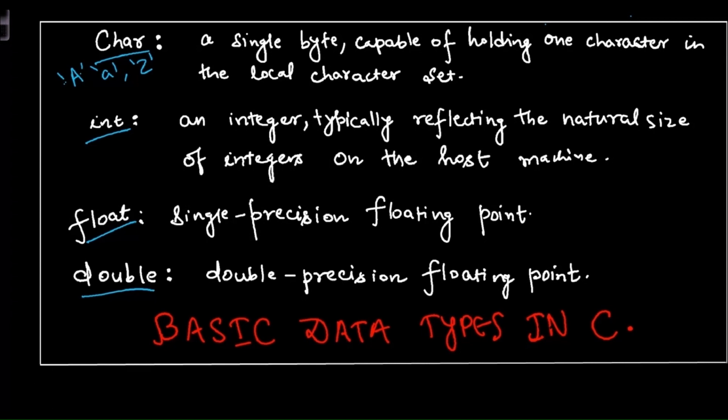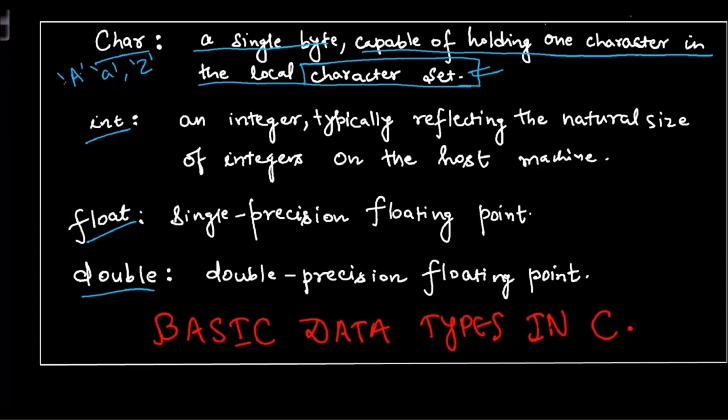But generally, a character is only a single byte, and it is capable of holding one character in the local character set. Now there is a new term that has come about, which is character set. Keep it in mind. I will discuss it in a short while in this video only.